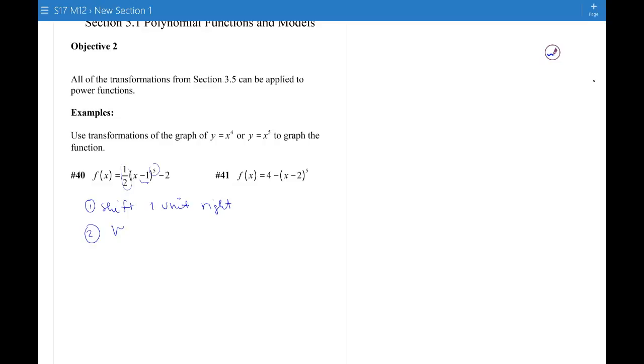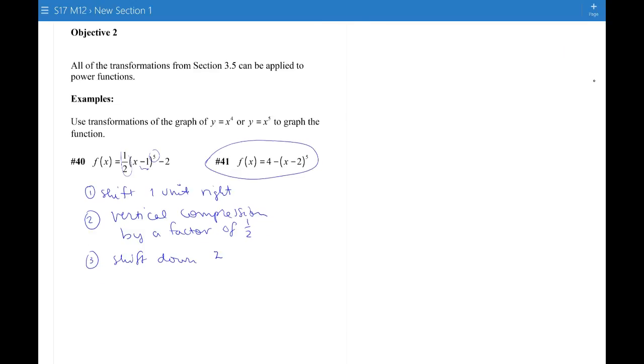So that's going to be a vertical compression by a factor of 1/2. Every y value will be half as large as it was. And then you're going to shift down 2. So we'll do this other one, the second one, in class together.